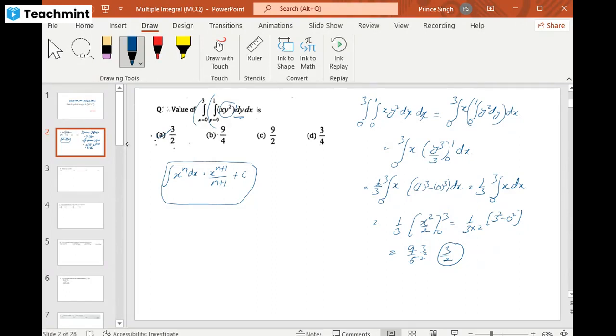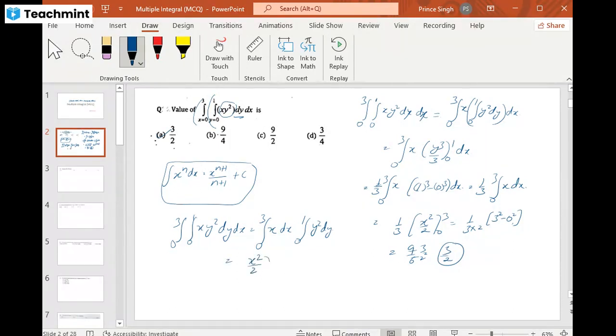So when the limits of integration are constant, meaning the variables don't depend upon each other, then the integral from 0 to 3, 0 to 1 of x y square dy dx can also be evaluated by separating the integral. This is the integral from 0 to 3 of x dx times the integral from 0 to 1 of y square dy. So if the limits of integration are constant, we can express the double integral as a product of two single integrals, and solve them separately.